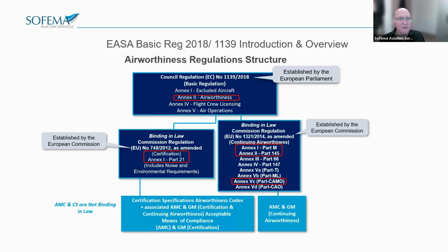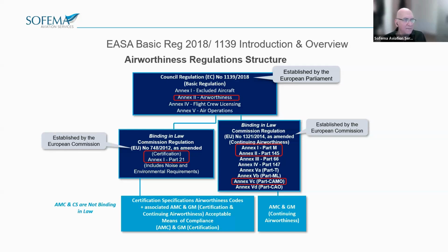So this is an expansion of the previous diagram, the basic regulation, but narrowed down just to the areas dealing with airworthiness. So in respect of airworthiness for aircraft, we have two sub-regulations which sit underneath the basic regulation within Annex 2.